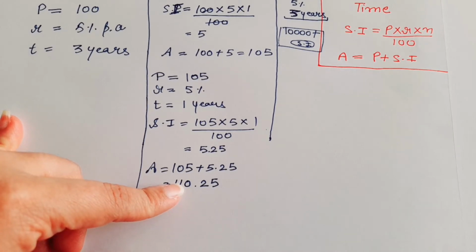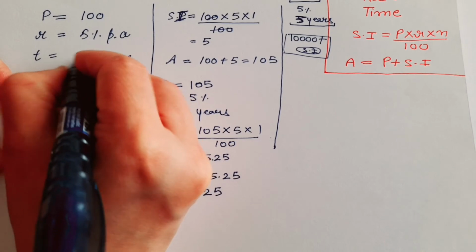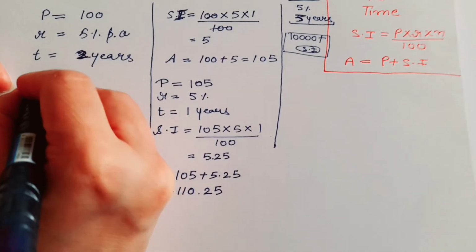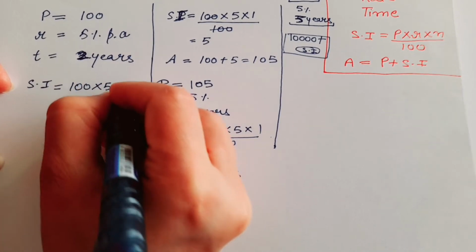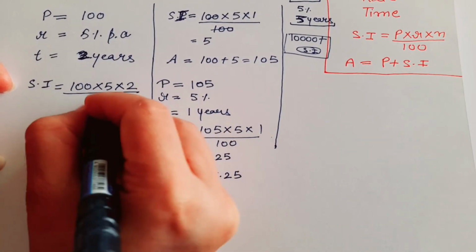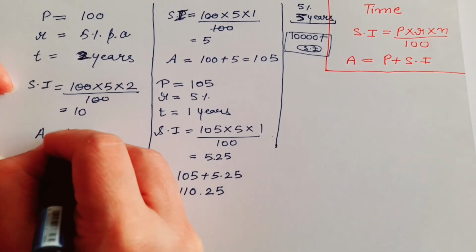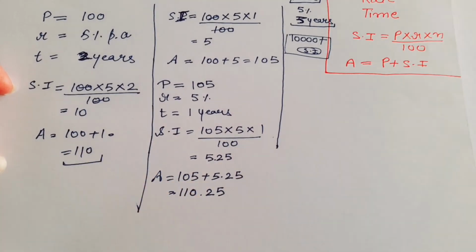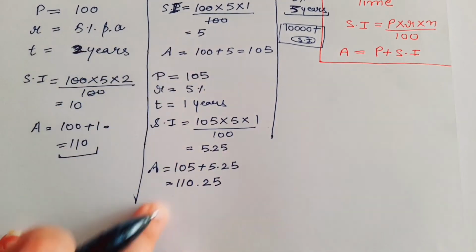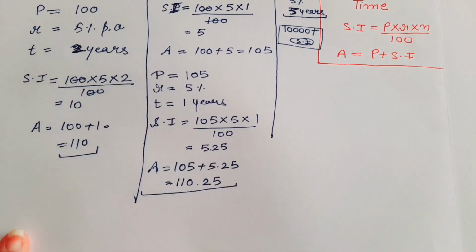Suppose we are borrowing for 2 years. If you borrow on simple interest, how much will you pay? 100 into 5 into 2 upon 100. Interest is 10 and amount is 100 plus 10, which is 110. But if you are borrowing on compound interest, what is the procedure? After every year the principal will increase.